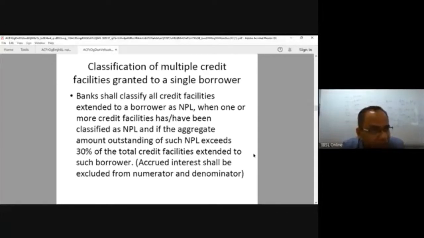But out of the total, there is the 30% of the value by way of value. This by way of value you will look at.